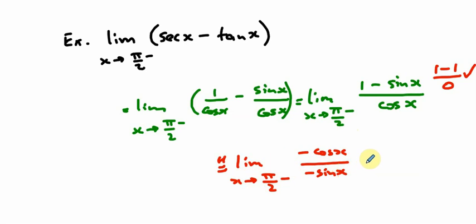So I don't have to worry about the negatives anymore, and what I'm going to do is just plug in the pi by 2. Cosine at pi by 2, or 90 degrees, is 0. And the sine at pi by 2, or 90 degrees, is 1, which means my answer is 0. And I think that's a good place to stop.